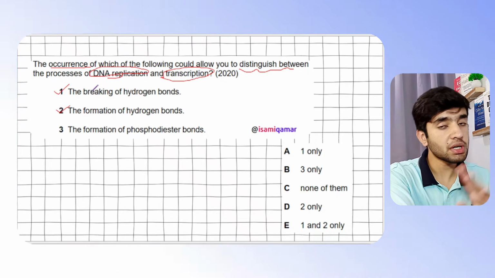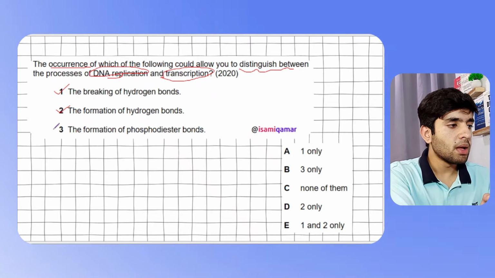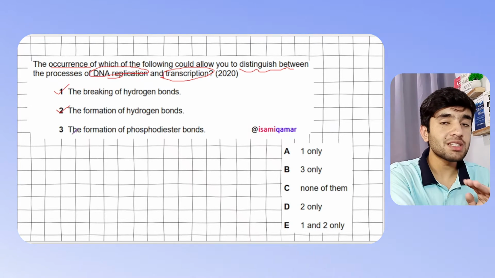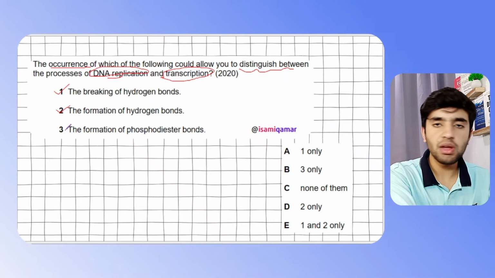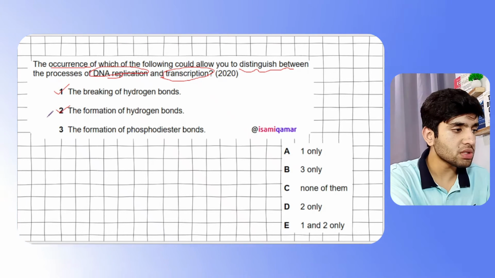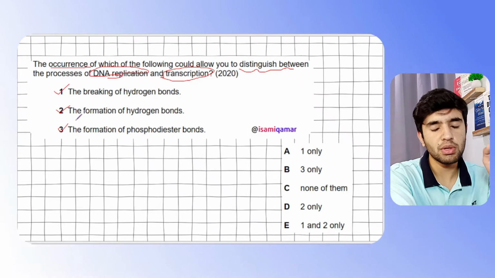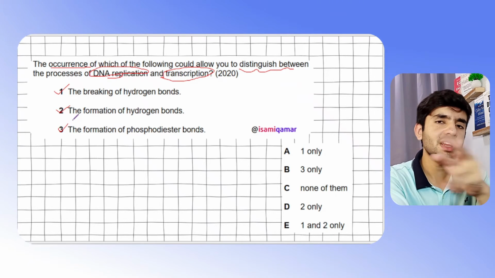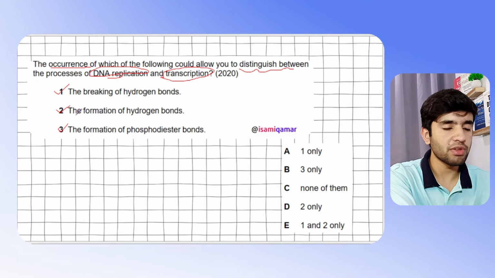The breaking of hydrogen bonds occurs in both. The formation of hydrogen bonds occurs in both. The formation of phosphodiester bonds occurs in both. In DNA it occurs from 5 to 3, and in RNA also 5 to 3, whatever you call it, because in DNA we have two strands and in RNA we have one strand. So these occur in both of them.